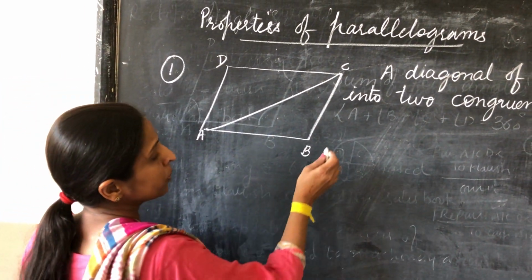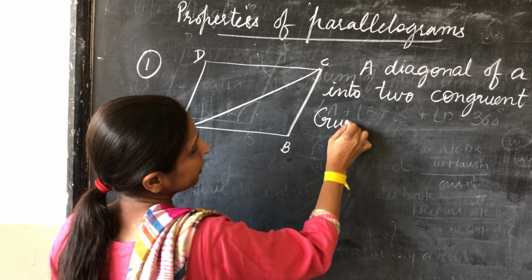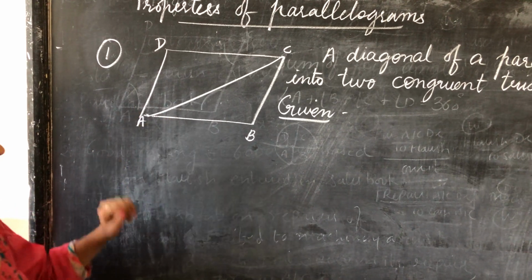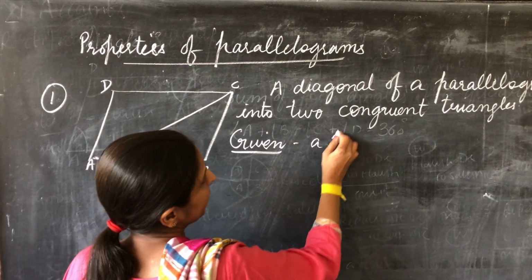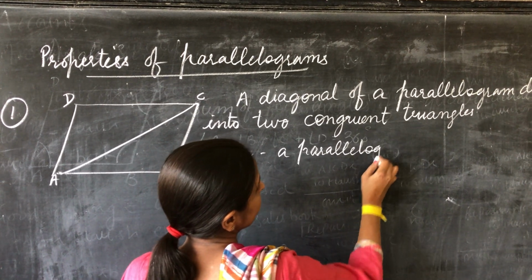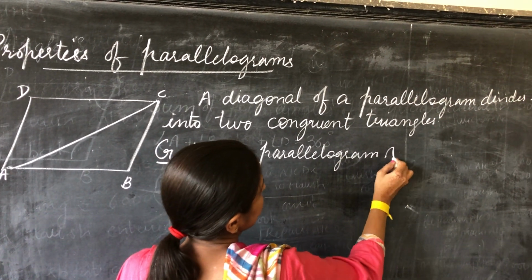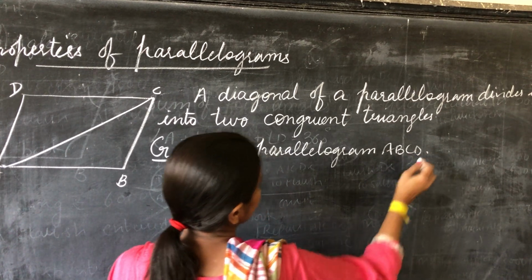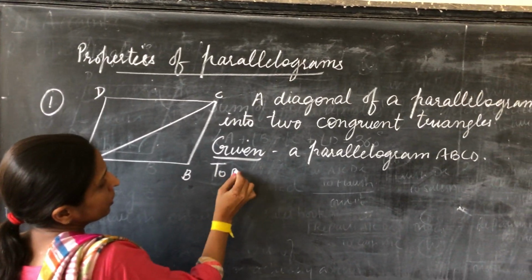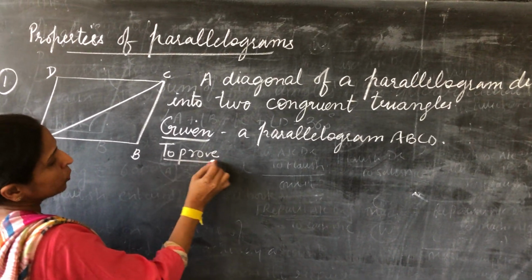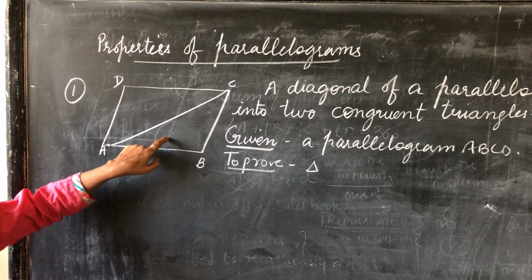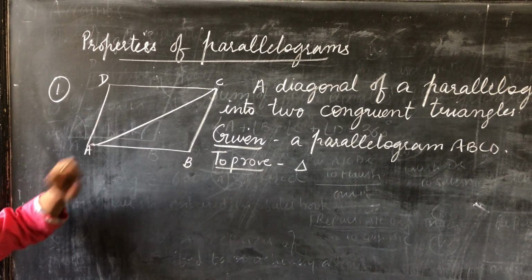So this we will be doing in the form of a theorem where we write given first. What is given to you over here? A parallelogram ABCD is given to you. Right? What we have to prove? We have to prove that the two triangles into which the diagonal is dividing the parallelogram are congruent.